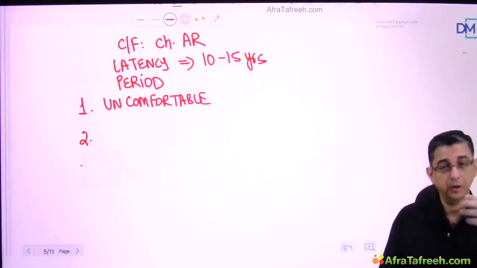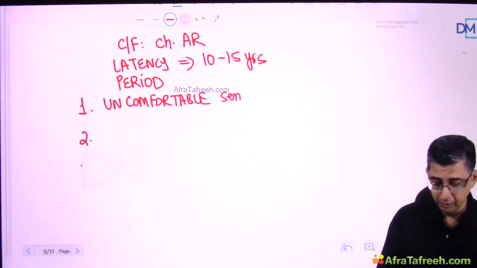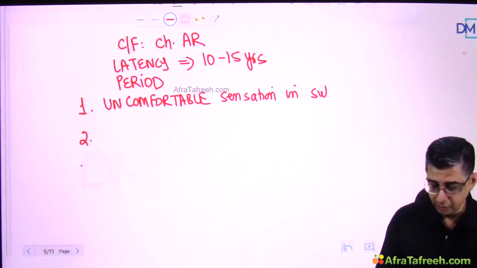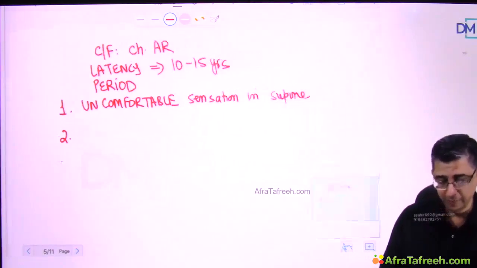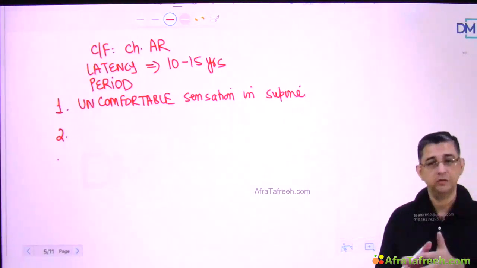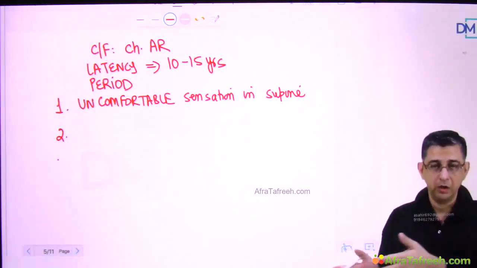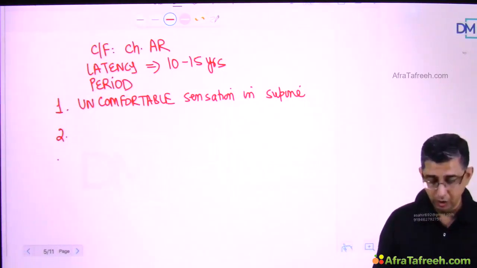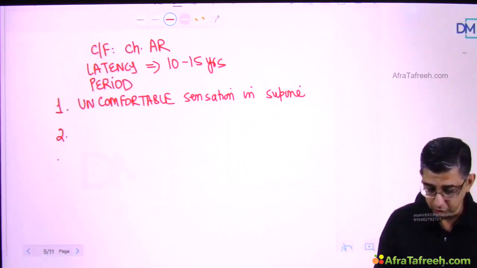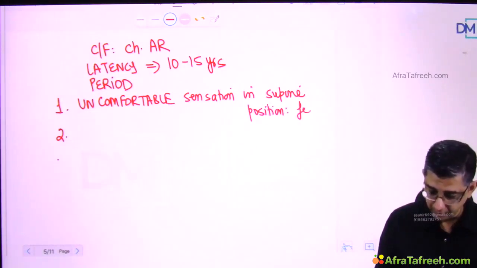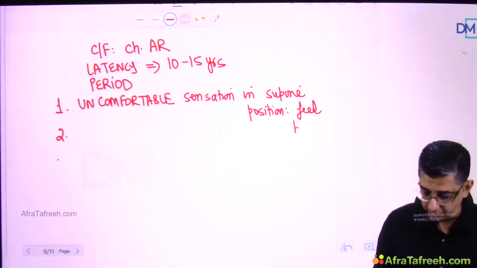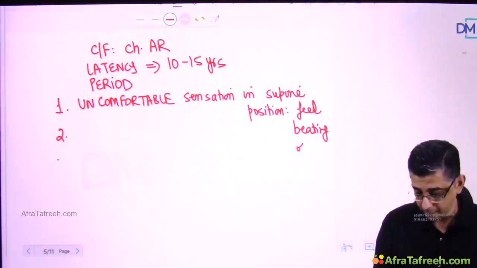So an uncomfortable sensation in the supine position, or the ability to feel his heart beating, is a symptom that is usually told in retrospect. This is because of the to and fro movement of the blood going out of the heart and coming back into the heart. So uncomfortable sensation in supine position with the ability to feel the heart rate or the beating of the heart is the initial presentation in the patient.